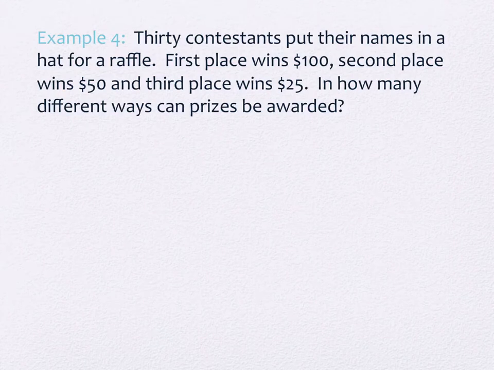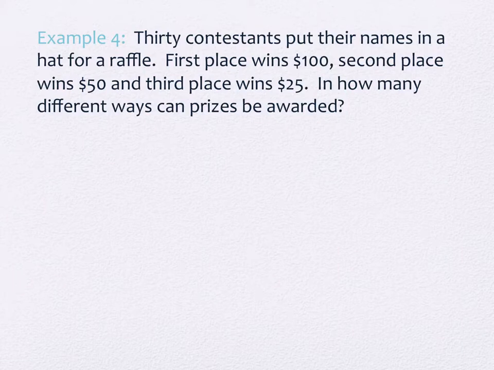So here's an example of such a thing. 30 contestants put their names in a hat for a raffle. First place wins $100, second place wins $50, and third place wins $25. In how many different ways can prizes be awarded? There's a very good reason why it tells us amounts of money here: the amounts that they win are different.